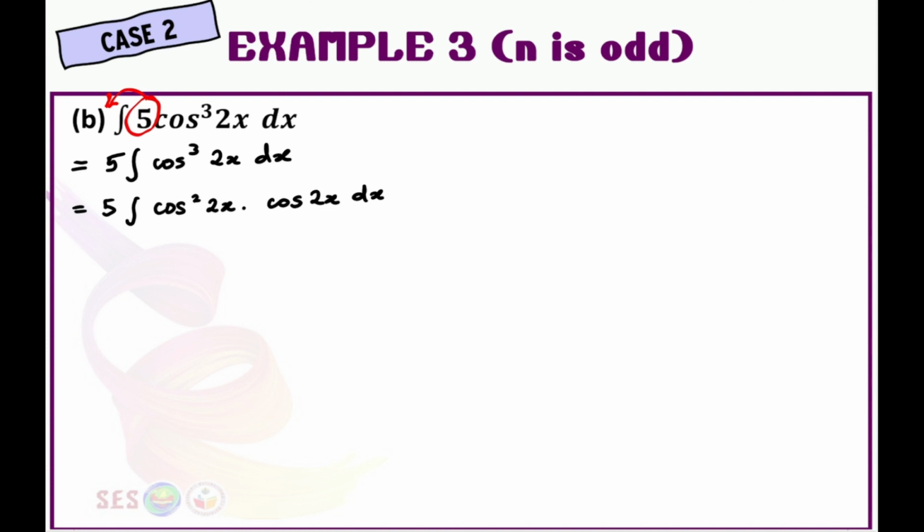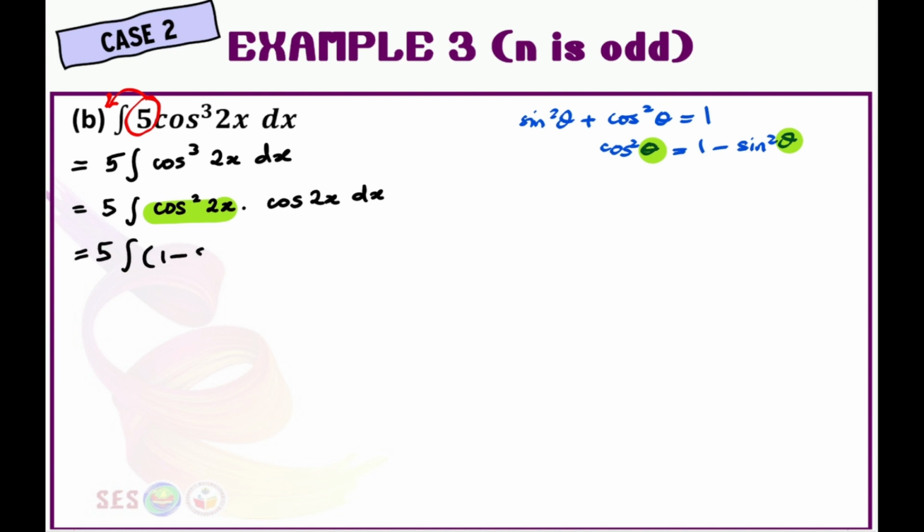Now for cos square, I will substitute with my basic identity for trigo. I rearrange this formula, so I have cos squared on the left-hand side. Now my theta here is 2x, so in my substitution I will get 1 minus sine square 2x, and then just copy the rest.